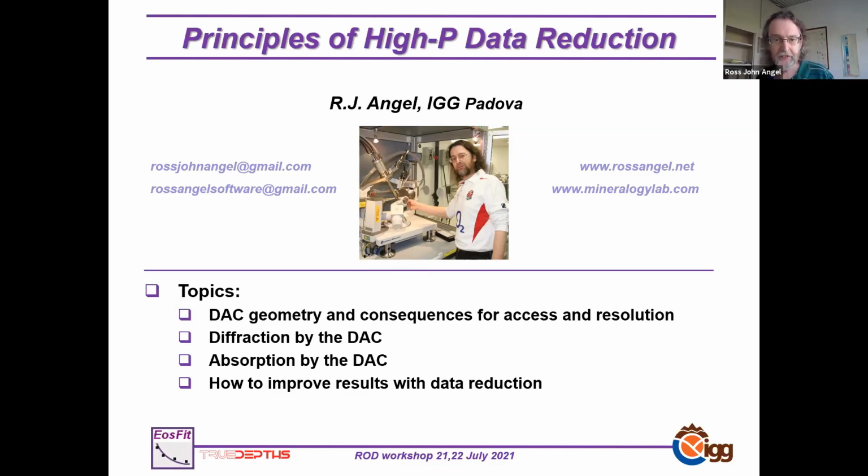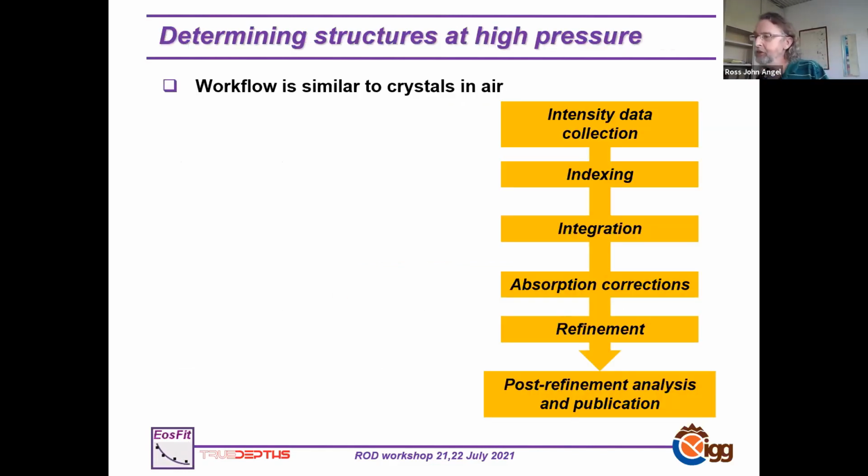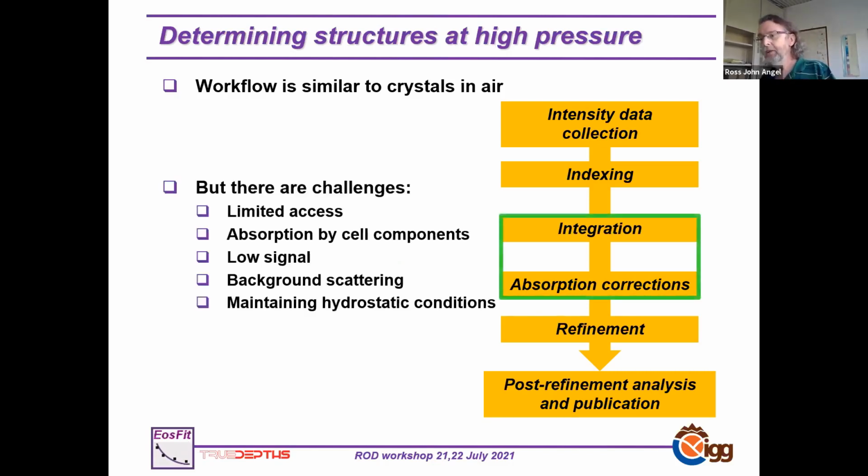For basics, determining structures at high pressure, once you've collected the data, well, even including collecting the data, the workflow is very similar to what you do for surface crystallography for crystal structures in air, maybe at low temperatures. But there are challenges, as we've been hearing. Limited access, absorption by the cell components, low signal because there's a lot of absorption by cell components.